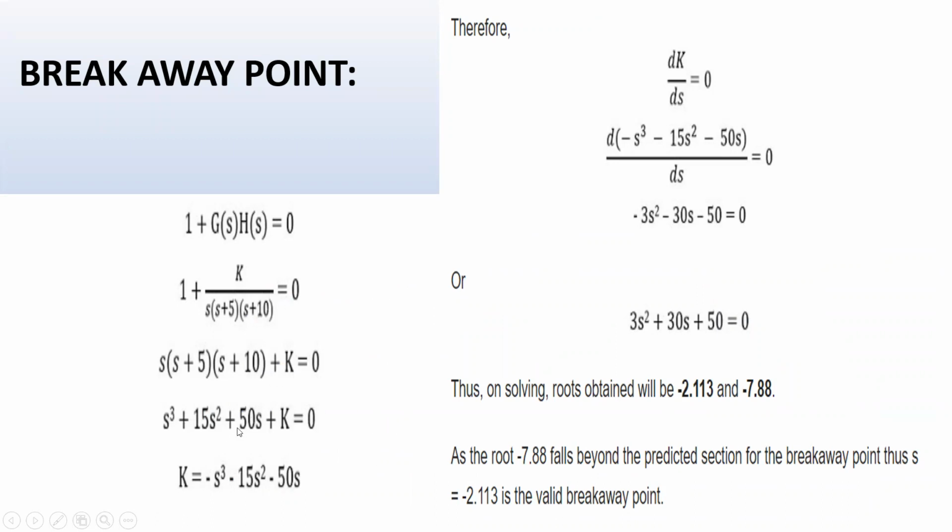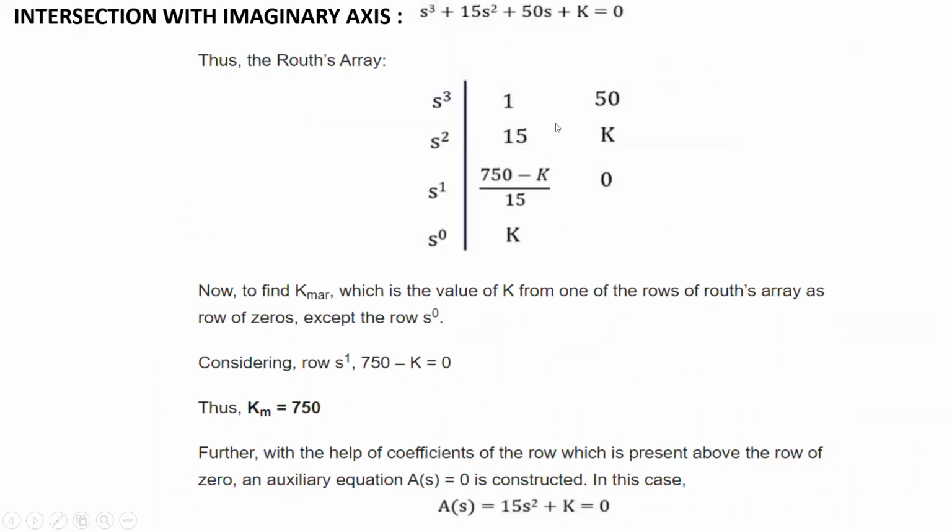If we substitute that alternately, then we have this Routh array. And if we do some calculations, 15 into 50 will give us 750, minus k into 1, that will give us k by 15, and we have nothing over here, so we have 0 over here. And if we do this multiplication, what we have is k.